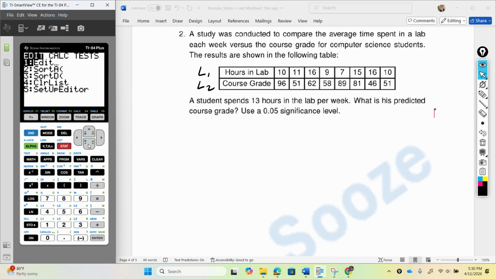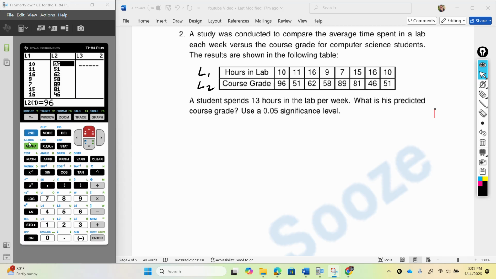So stat and enter, and I need to go over to list 1. There we go. Now 10, 11. Okay, and again, I'm going to put this on hold while I do my 2 lists. Okay, so I've got my list there.